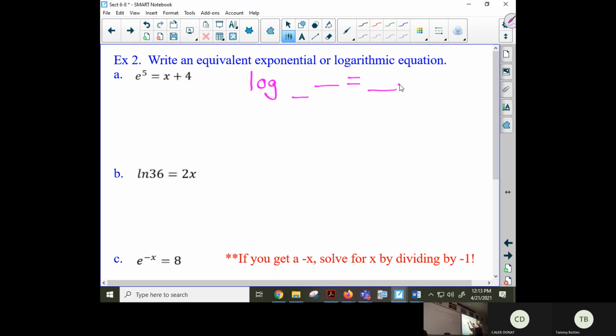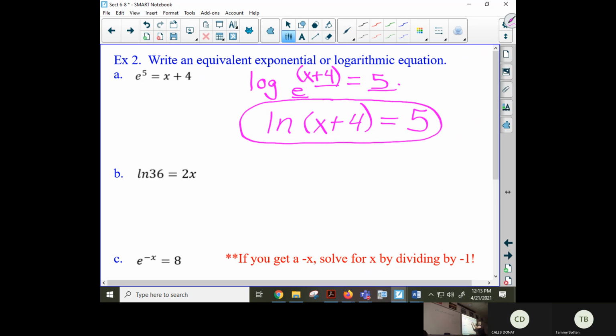Again, when you do the reverse of that loop, here's the e, here's the f, here's the x plus 4. We want to put that into natural log, and all you would do then is replace log base e with natural log. Log base e and natural log are the same thing.